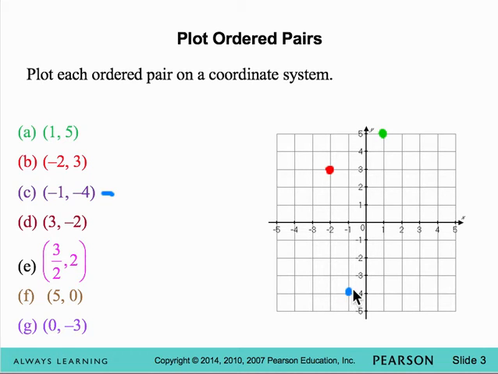You always start at the origin, or the beginning. I don't have a brown, so I'm going to use black for this one. You do the x first. You go back and forth first, and then up and down. So over 3, down 2.